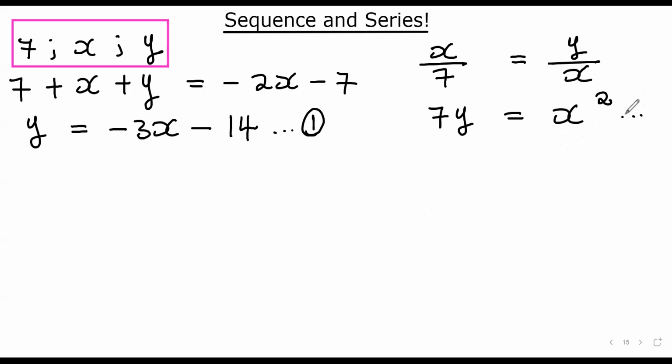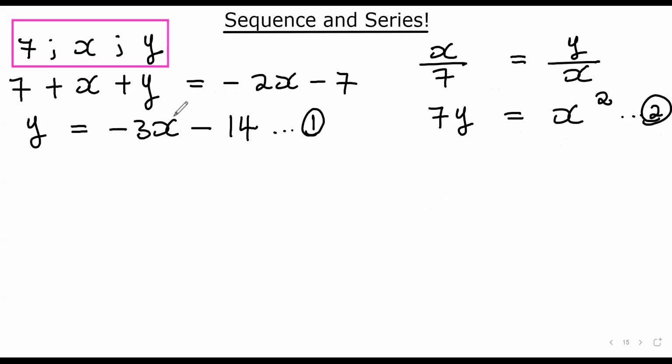That's awesome because we want to prevent fractions. But if you don't mind working with fractions, you can make y the subject. But I strongly mind, so I'm just going to keep it like that.